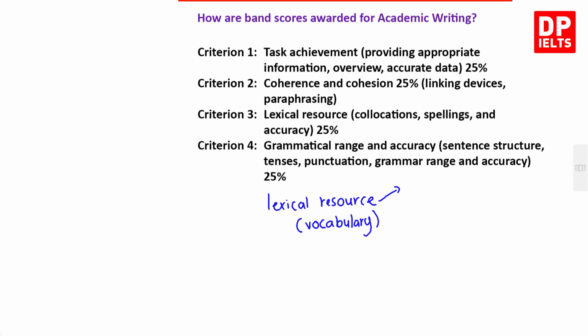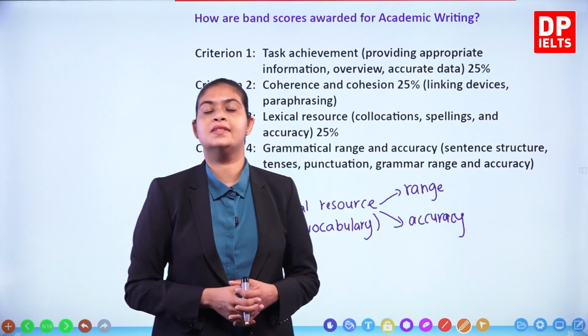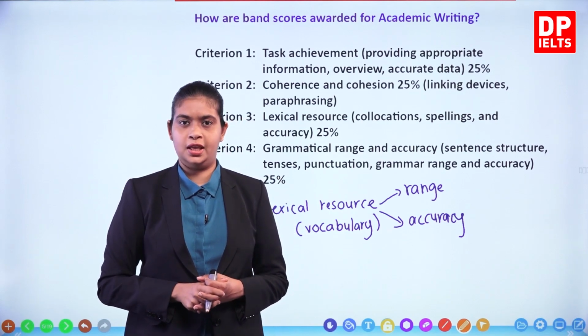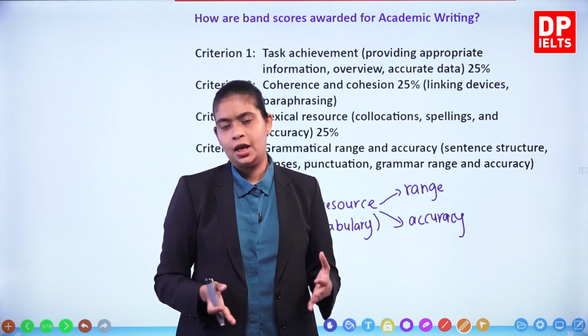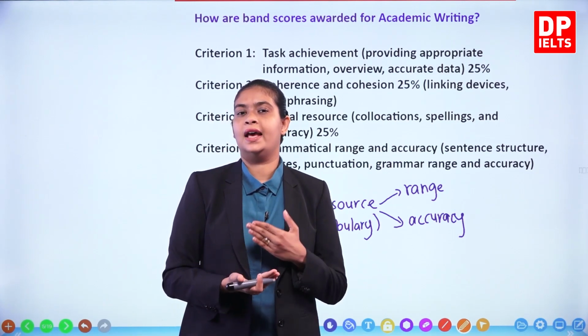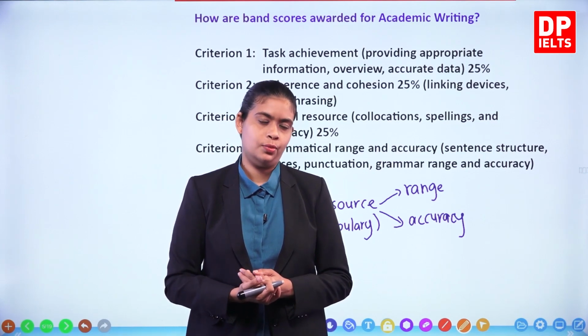Now, we're looking at two things here. When you're using vocabulary, we're looking at the range as well as the accuracy. Are you using the same word over and over again, or are you using a range of words? When you are doing that, how accurate are you in using those words?